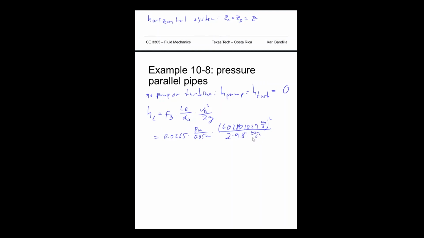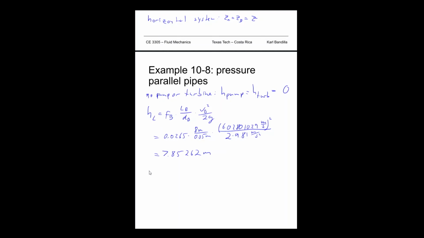Right, that's our 2G, and that gives us a total head loss of 7.85262 meters.